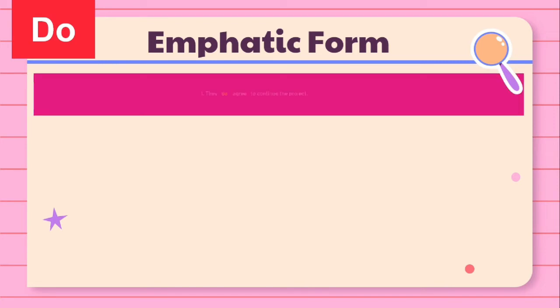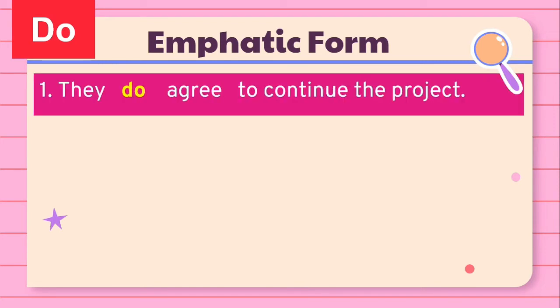Let's look at this example. They do agree to continue the project. So here in this sentence, we are using do. What follows right after do is your verb, which is actually on its base form. But then why do we use do in our sentence?